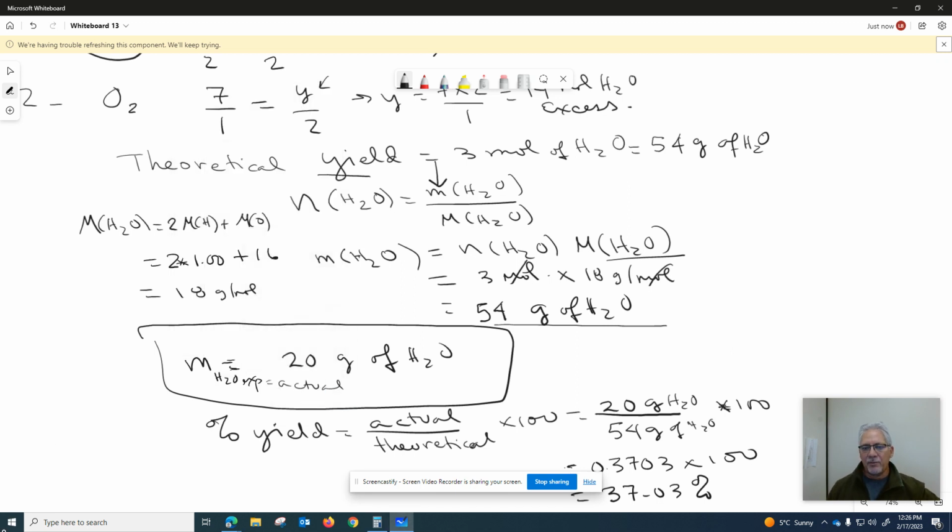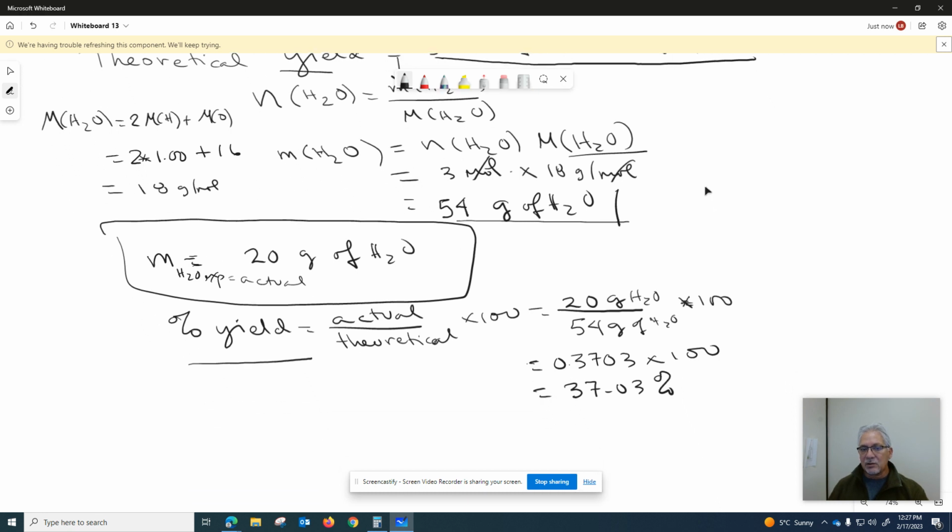So that will be your theoretical yield in gram, because one is expressing mole and the other one will be expressing gram. Another question will be finding the percent yield, and you divide the actual. Actual is the result that you get from your experiment, the real thing that you get. And the theoretical is the one that you calculate using the balanced chemical equation with all the stoichiometric combinations.